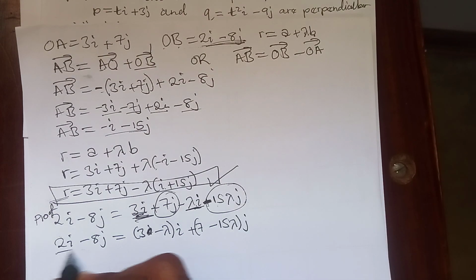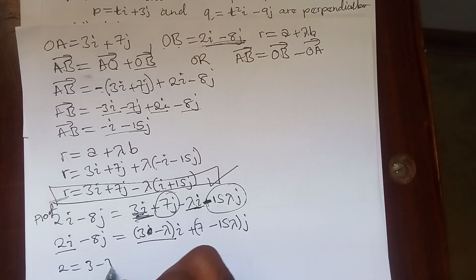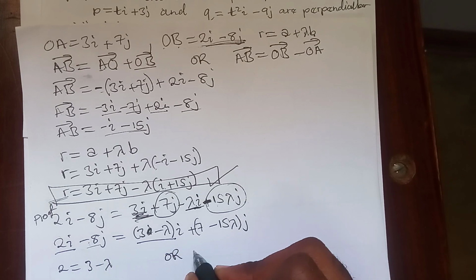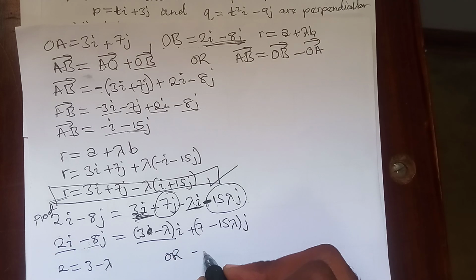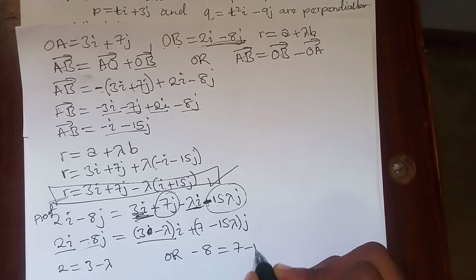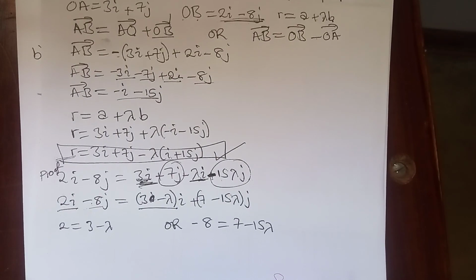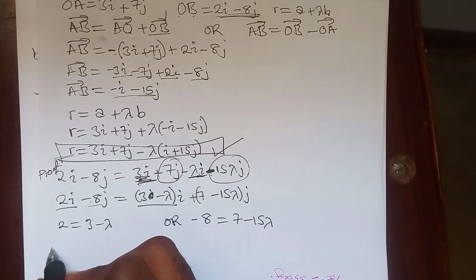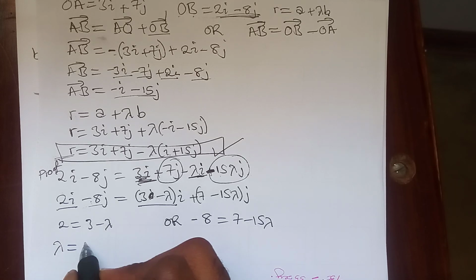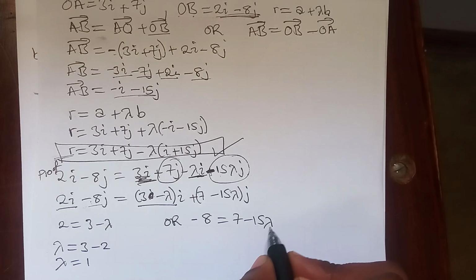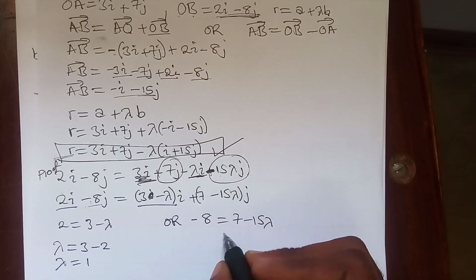Now when you equate the i components with the i components, you have this. And then you equate the j components. The coefficient of j here is minus 8. The coefficient of j here is 7 minus 15λ. When you take your λ, you have λ is 3 minus 2, which means λ is 1. Then you can bring this one to the other side.